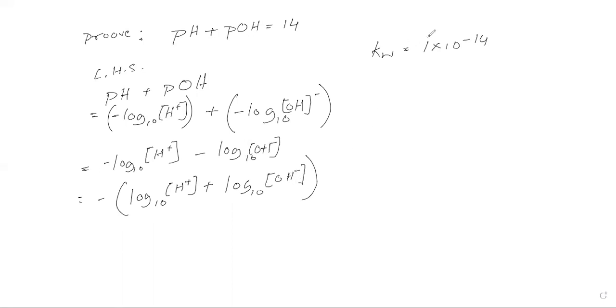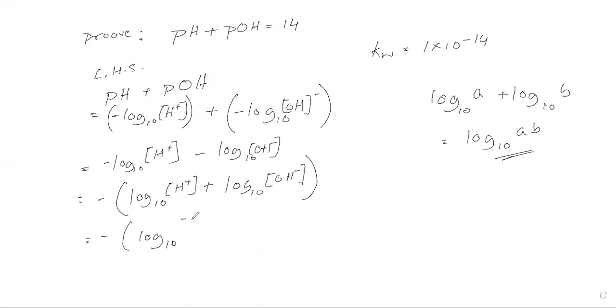Now we know that log base 10 of A plus log base 10 of B is equivalent to log base 10 of AB. We can use this concept here, since there's an addition. We simply multiply them together, getting H plus and OH minus, a product of the concentrations.